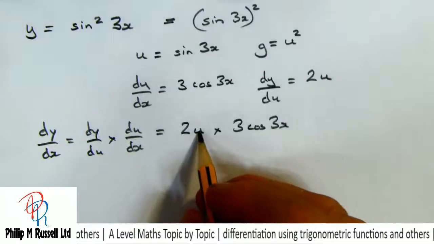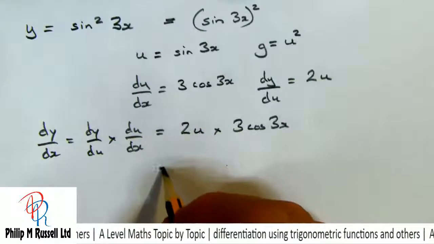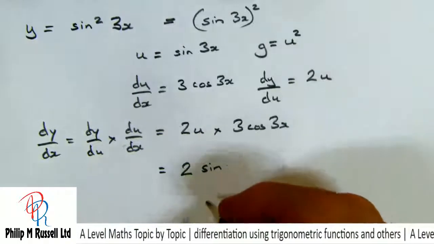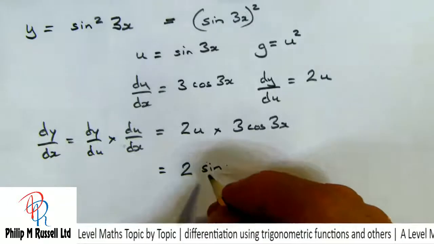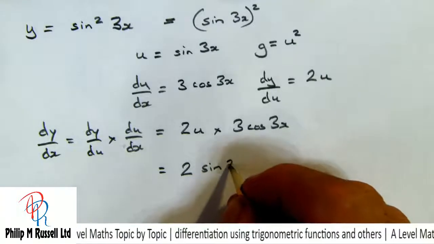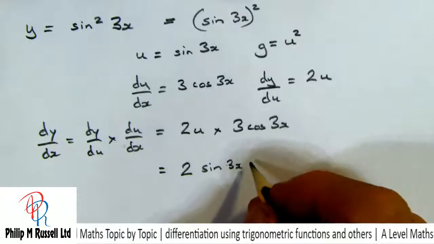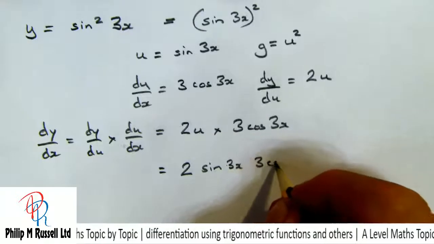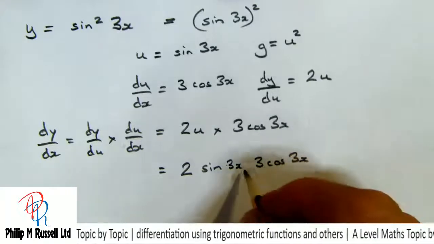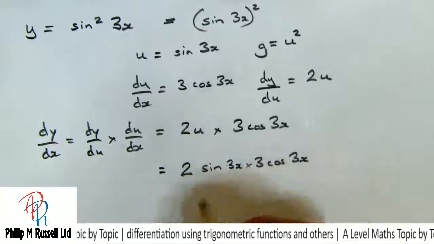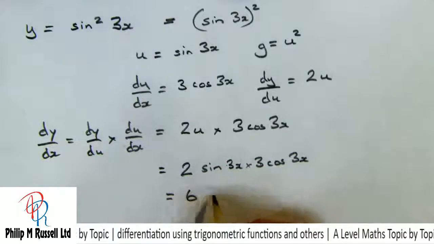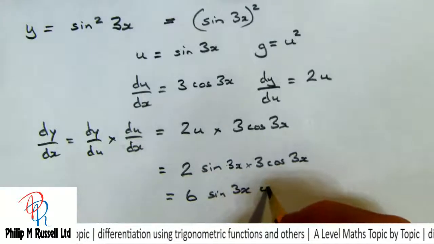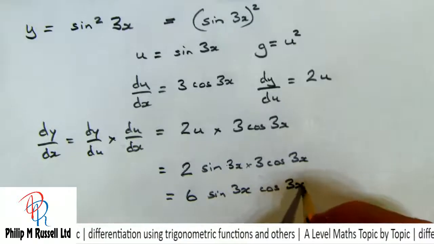And if I substitute back in for my u, this is going to be 2 times the sine of 3x times 3 cos 3x. We can combine the 2 and the 3, which gives me 6 sine 3x cos 3x.